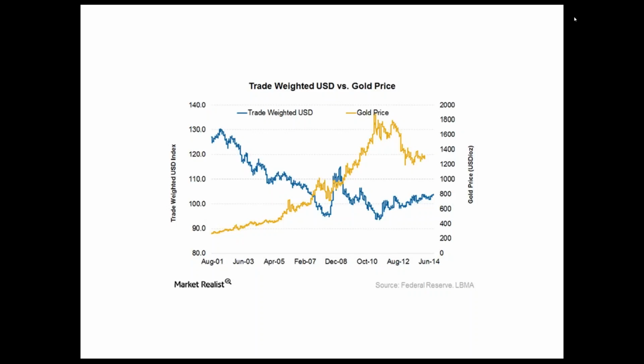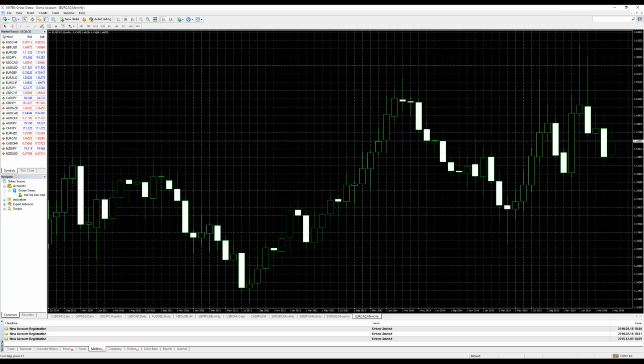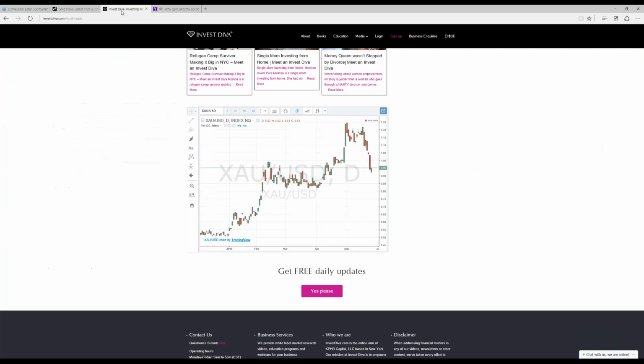So we have a weak Australian dollar together with a strong US dollar, so we have a weaker precious metal, which also affects the Aussie dollar, and then because of the semi-negative correlation between US dollar and gold, that would increase the chances of the Aussie dollar pair to go lower down.